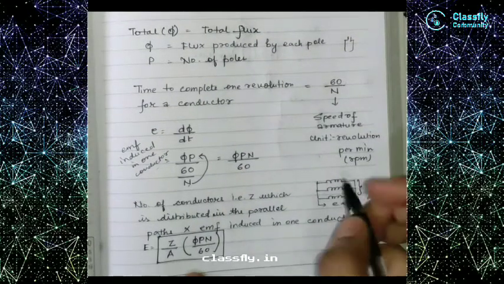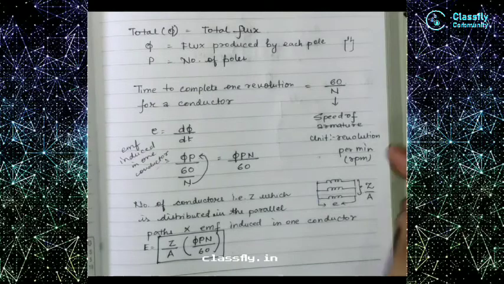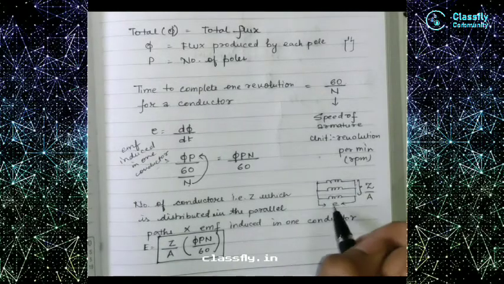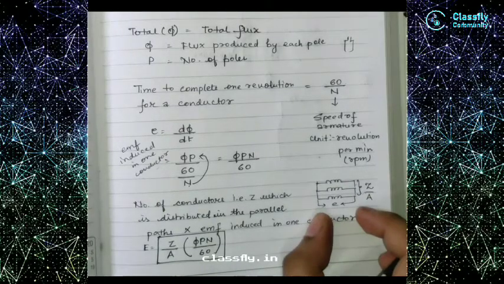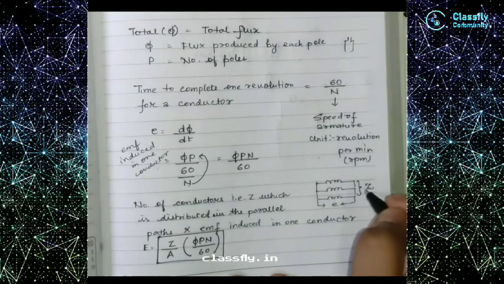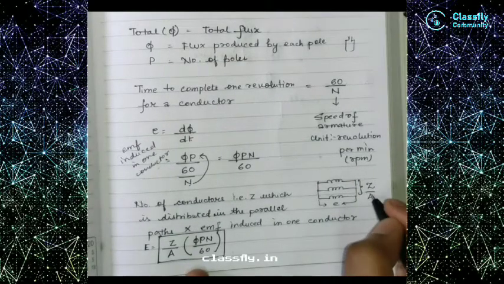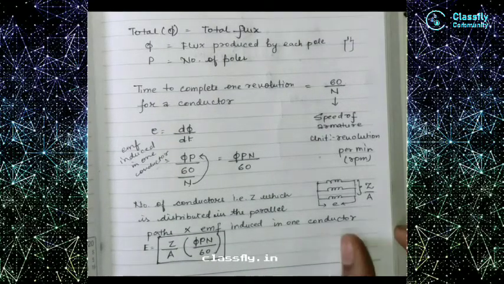Now there is Z, the number of conductors. There will be many conductors, and the EMF will be induced in them, and the number of conductors per path will be denoted by Z by A, because Z is the number of conductors and A is the number of paths in which the conductors are winded, or distributed.